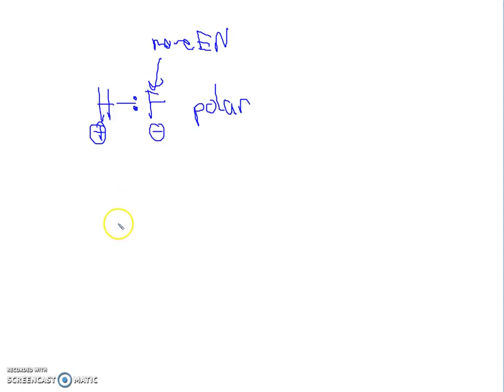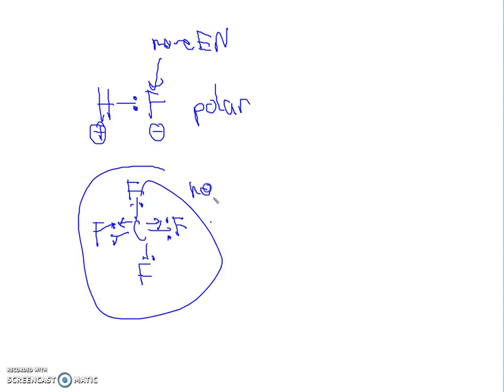However, if you had something like CF4, I'm going to skip the lone pairs because I'm going to end this in a minute. I can't go over 15. The electrons, yes, are slightly more towards F, but what's happening is you have pulling this way and pulling this way, so they kind of cancel out, and so there is no positive or negative side here.